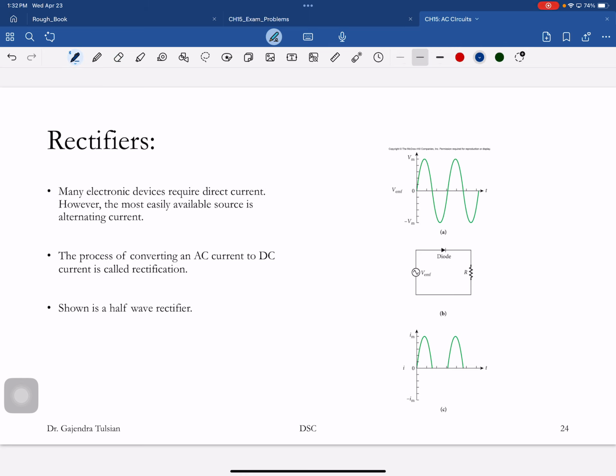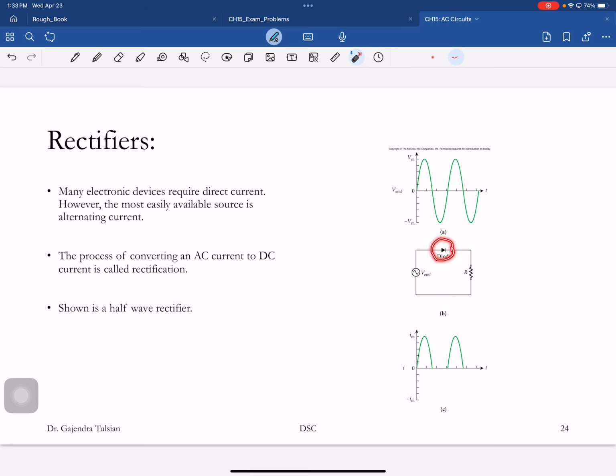So what we're going to do is connect an AC source to this. An AC source applies an alternating voltage, and this only lets current go through this way. Every time the AC source tries to pass a current through the other way, the diode will stop it.